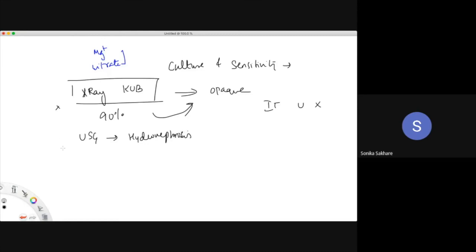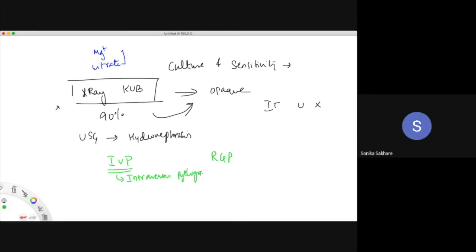And we have certain special scans that we do for the kidney, that I would like to mention here. That is IVP and RGP. Have you heard of IVP? That is intravenous pyelogram.